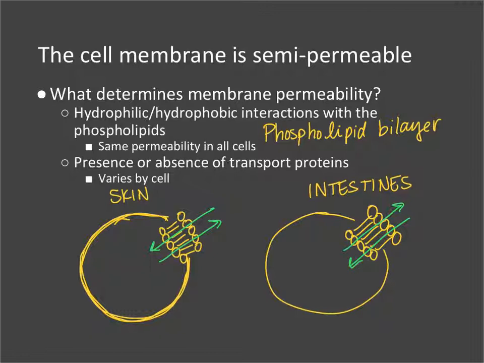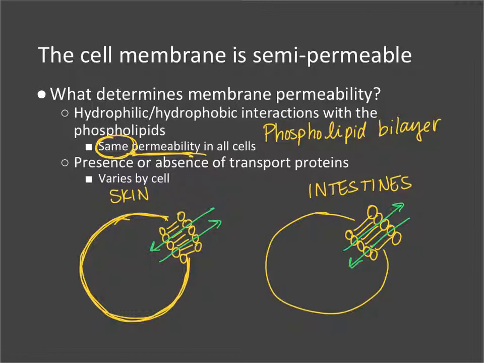Like we mentioned on the previous slide, the phospholipid bilayer is the same in all cells, and it means that same permeability. So if something can cross the phospholipid bilayer of one cell, it's going to be able to cross the phospholipid bilayer of all cells.